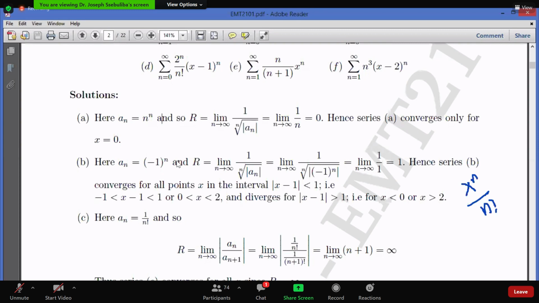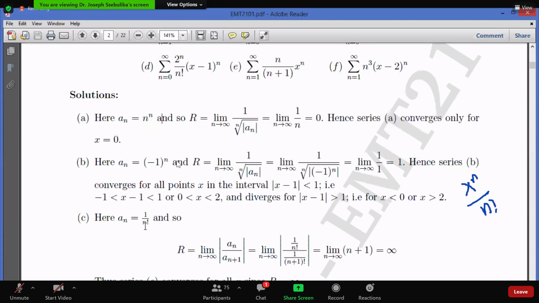And if that is the case, we will have an, this is by definition. This first part here is by definition. That is an over an plus 1. So what does that mean? So if we have an, it means an plus 1. When you add 1 here, you add 1 here.